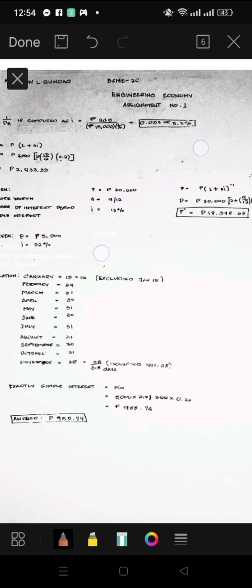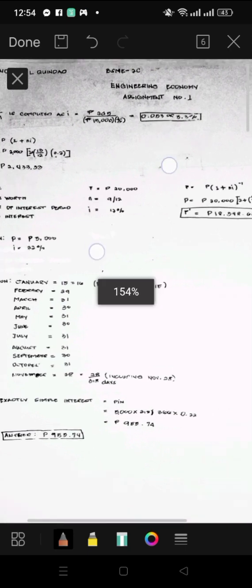Let's proceed to problem number 3. If you borrowed money from your friends at a simple interest of 12%, find the present worth of 20,000 which is due at the end of 9 months. As we always do, let's state the given.